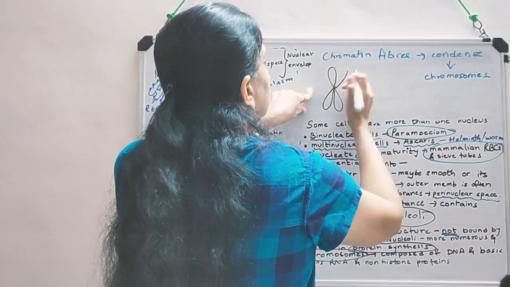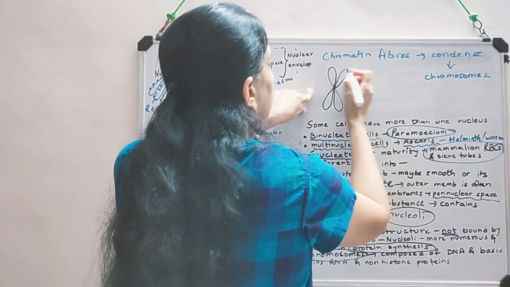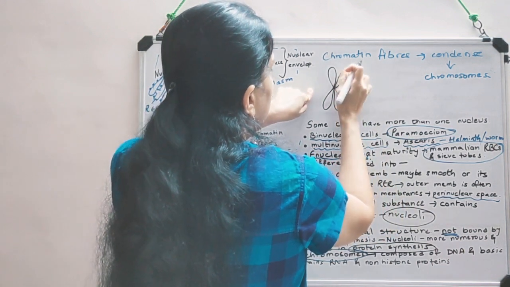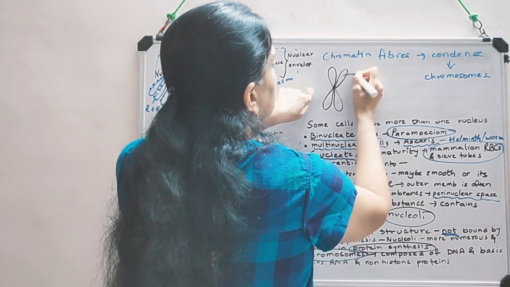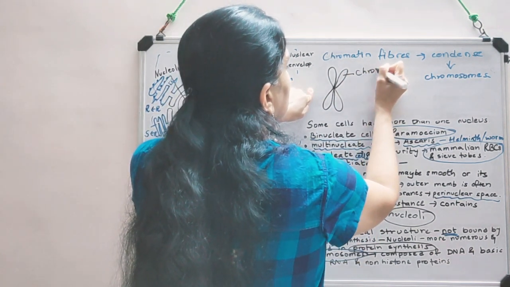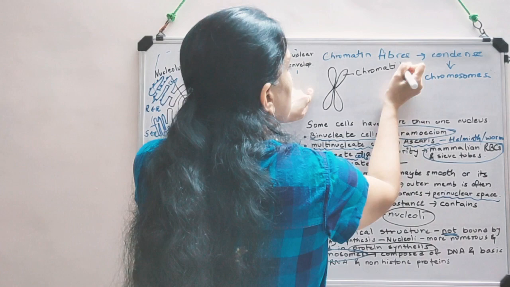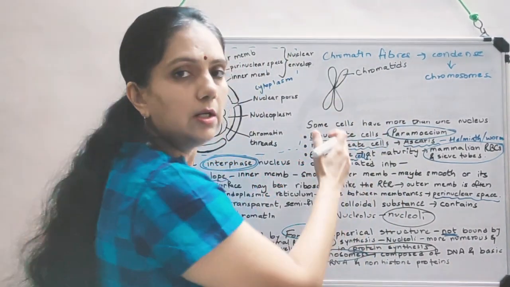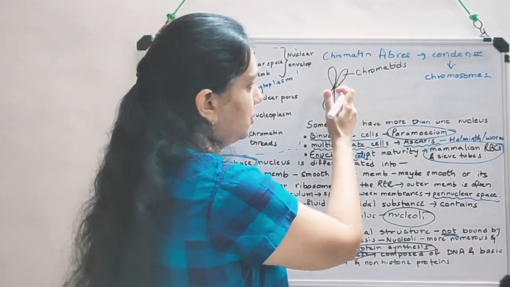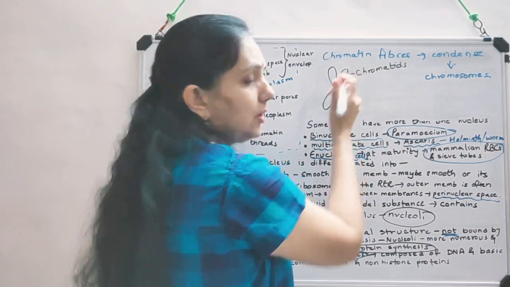Okay. Now these are the four things which you can see: 1, 2, 3, 4. These are called the chromatids. So the chromosome is divided into equally half structures. Okay. And these are the chromatids.